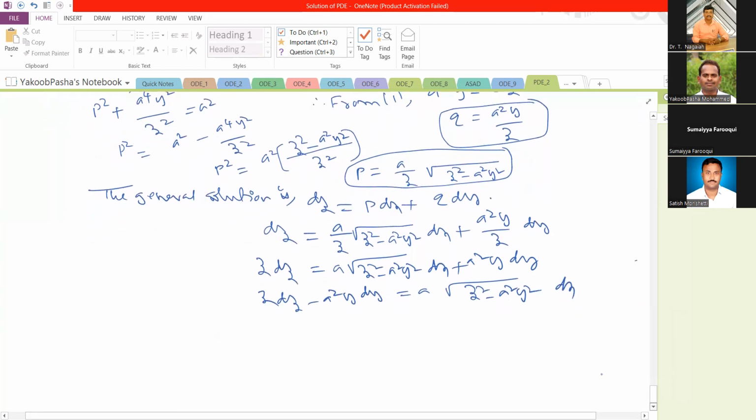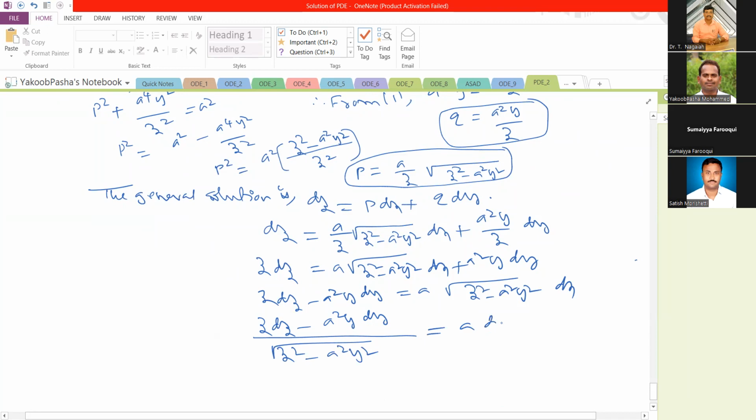So z dz minus a square y dy divided by under root of z square minus a square y square is equal to a into dx.